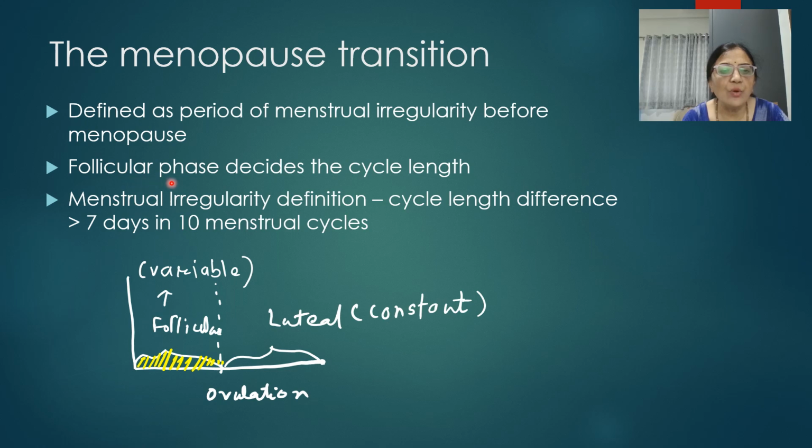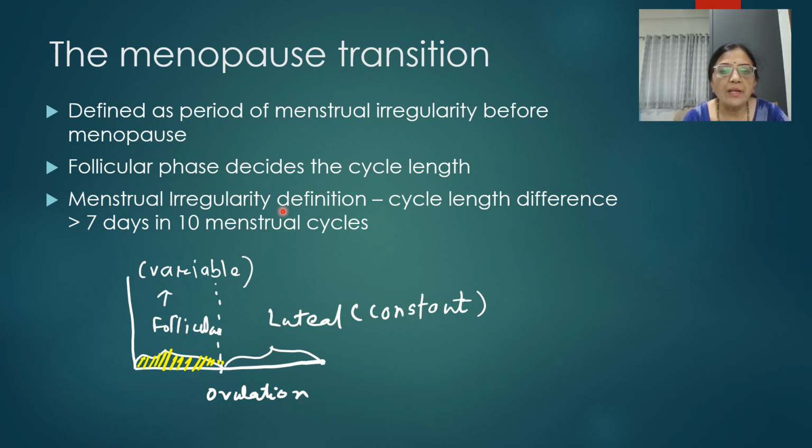We have already seen, the follicular phase decides the cycle length. So whenever there is a shortening of the menstrual cycle, as the cycle becomes frequent, what is shortening is the follicular phase. It shortens, especially when the woman enters the late reproductive phase.